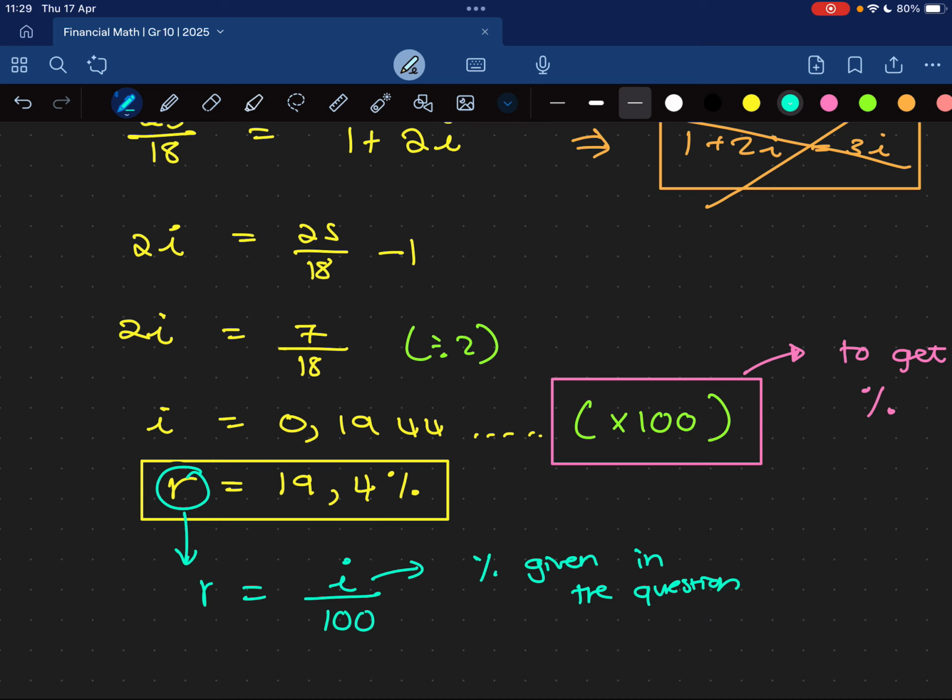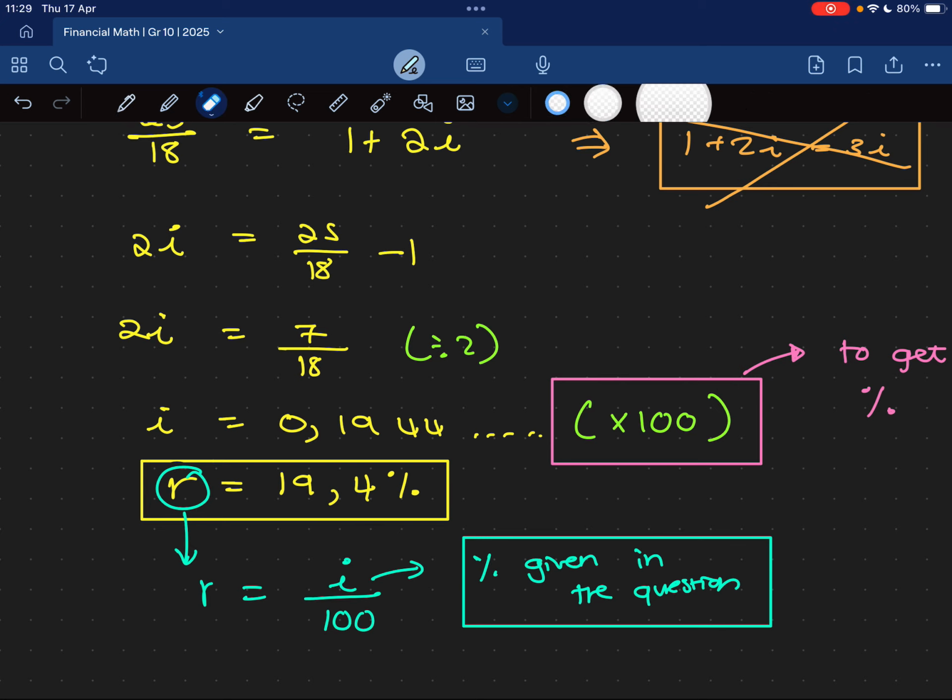Just so that you know what's happening if you are reading it in the textbook as well. But as long as you just remember that 0.19% doesn't really make sense whatsoever. And actually, sorry, this was a mistake. I is actually R over 100. So R is the percentage given in the question, and I is technically supposed to be this divided by 100. But the percentage implies that it's this divided by 100. So 19.4 is the R value.